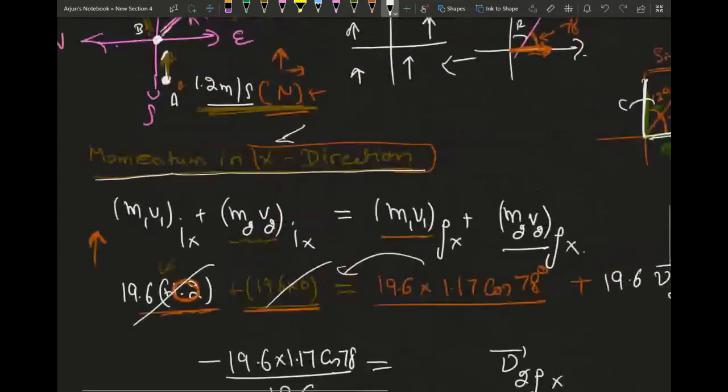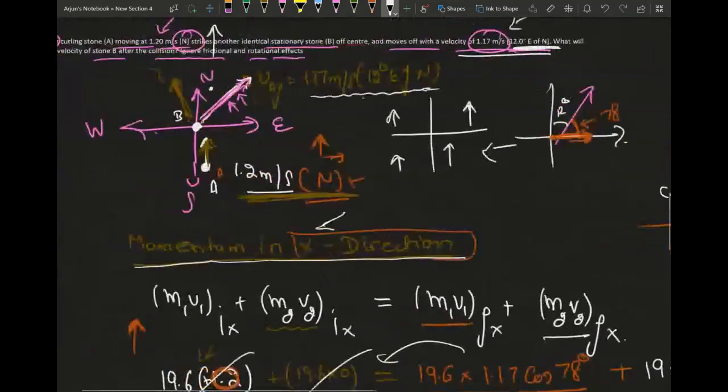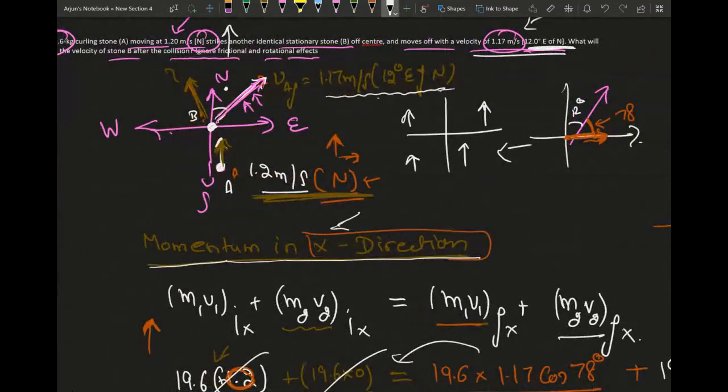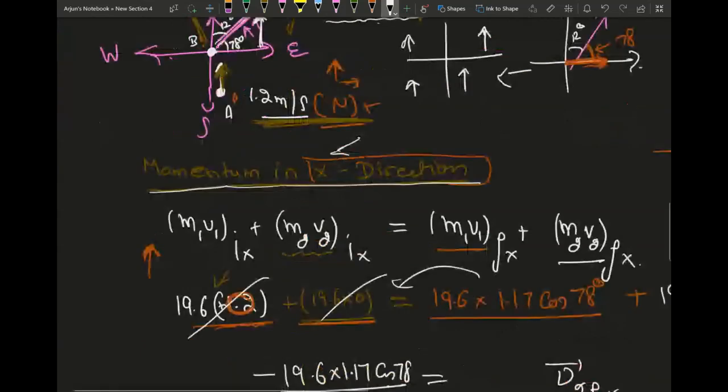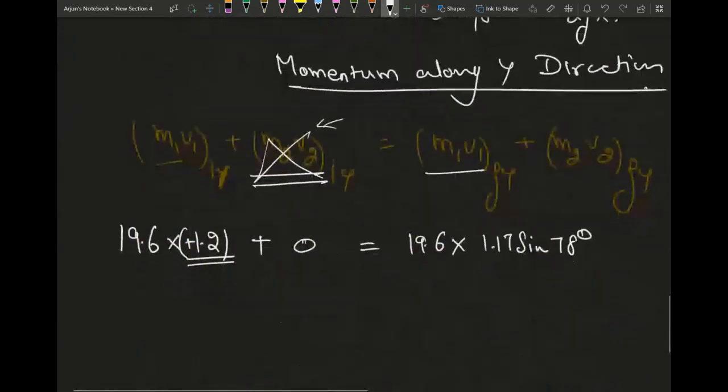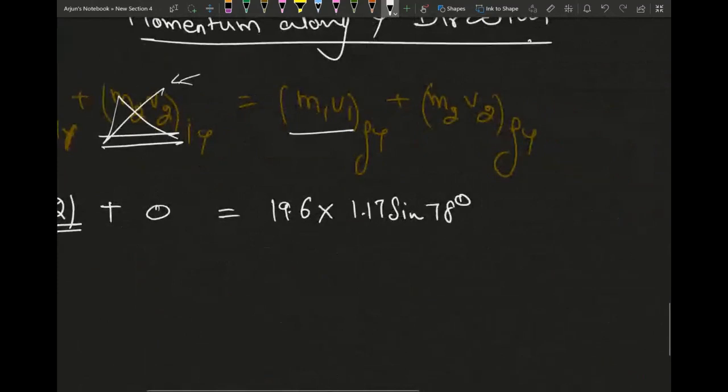Again, I'll show you why I've taken this 78 degrees. This angle was given to me as 12 degrees. I converted to 78 here, and I've taken the vertical component from here. That's why I've taken sine of 78 degrees.